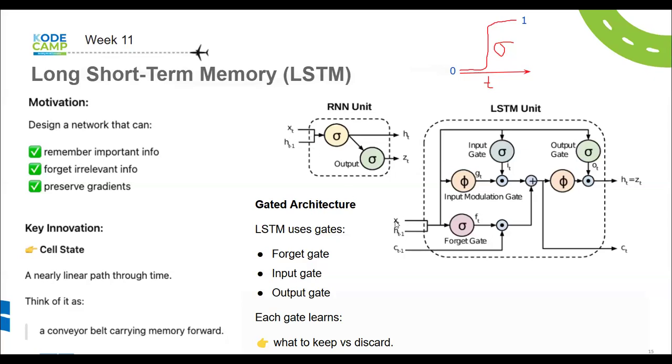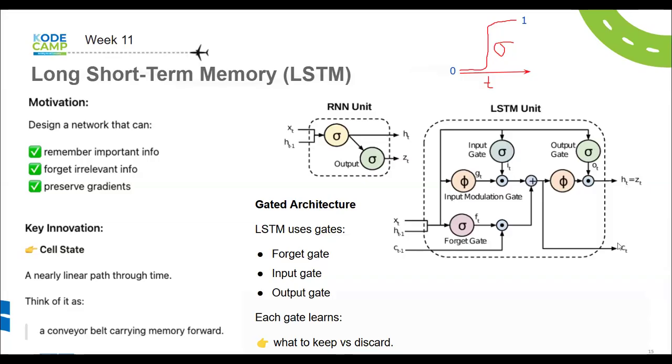In other words, the current input, that's the XT. Then the HT minus one, the previous internal state of the previous time step. Then on the output side, it also has the HT, which is the hidden state, that the RNN, the recurrent neural network, has.